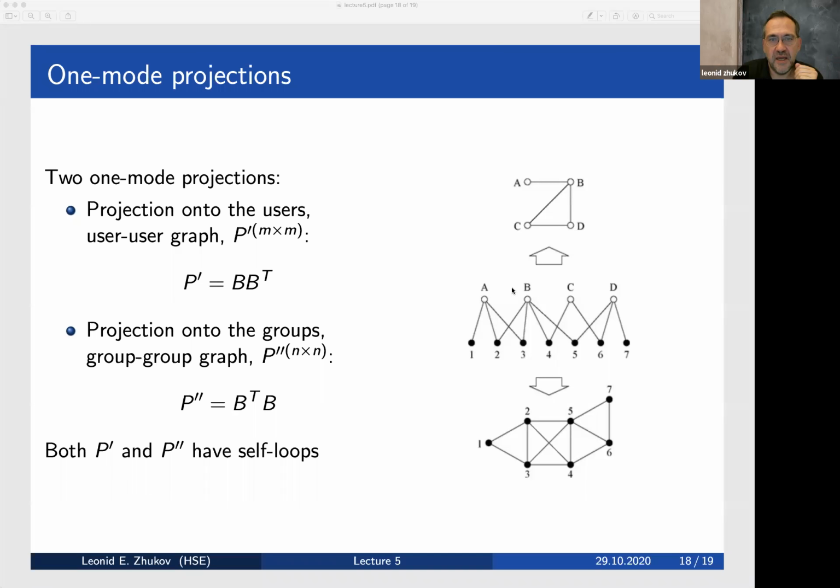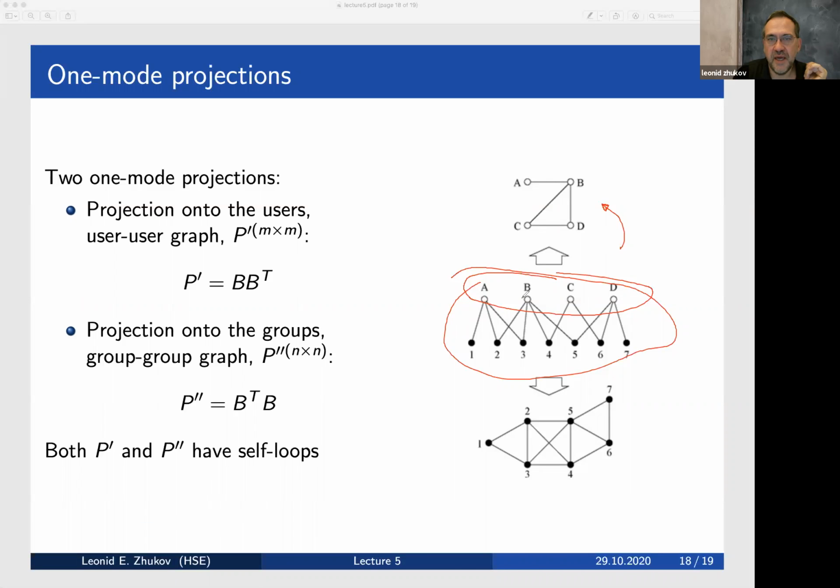Based on this graph, you can build a co-authorship graph, which will be a graph only of authors, where two nodes are connected only if those people authored a paper together.